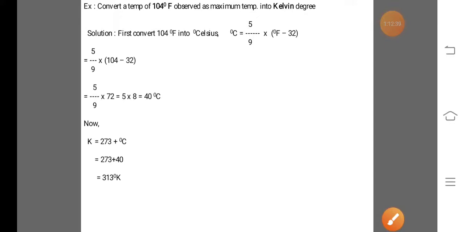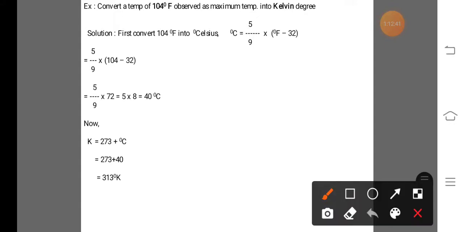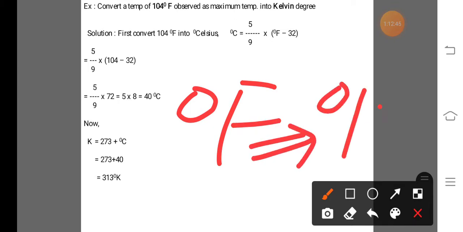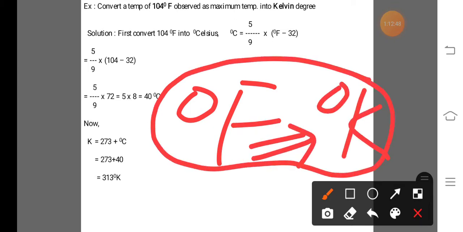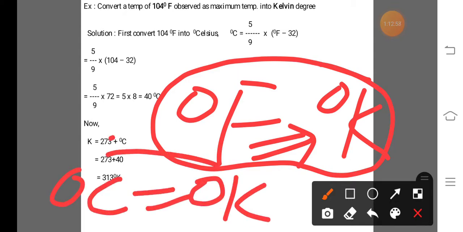Next one, the conversion of temperature or conversion of degree Fahrenheit into degree Kelvin. In previous calculation we saw the formula for the calculation of degree Celsius to degree Kelvin or degree Kelvin to degree Celsius.